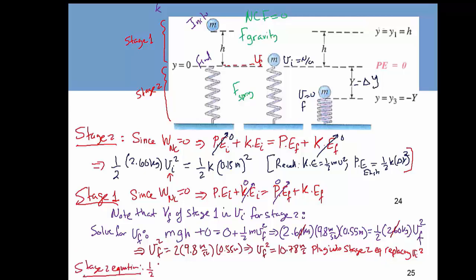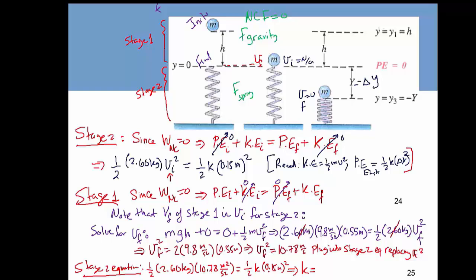So we have 1/2 times 2.6 kilograms times the initial velocity squared, which is 10.78 meters squared over second squared, equal to 1/2 k x squared, where x is 0.15 meters squared. Now if you solve for k, 10.78 times 2.60 times 1/2 will yield 14.014.